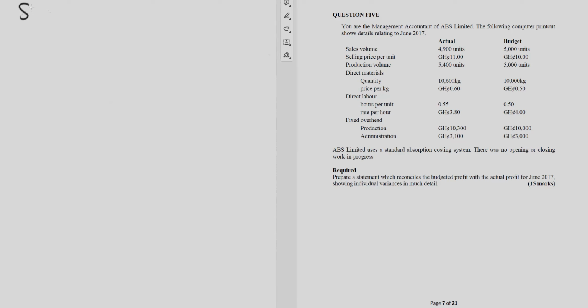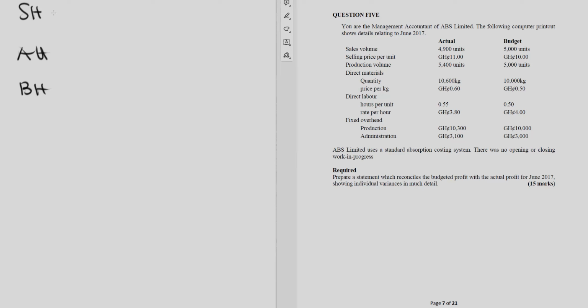So you see we did standard hour times standard rate. We did actual hour times standard rate. And before the last one, we did budgeted hour times standard rate. And now, assuming we are doing ratios, we don't need the standard rate. So usually I do this and then take the rates off so that it looks very interesting.